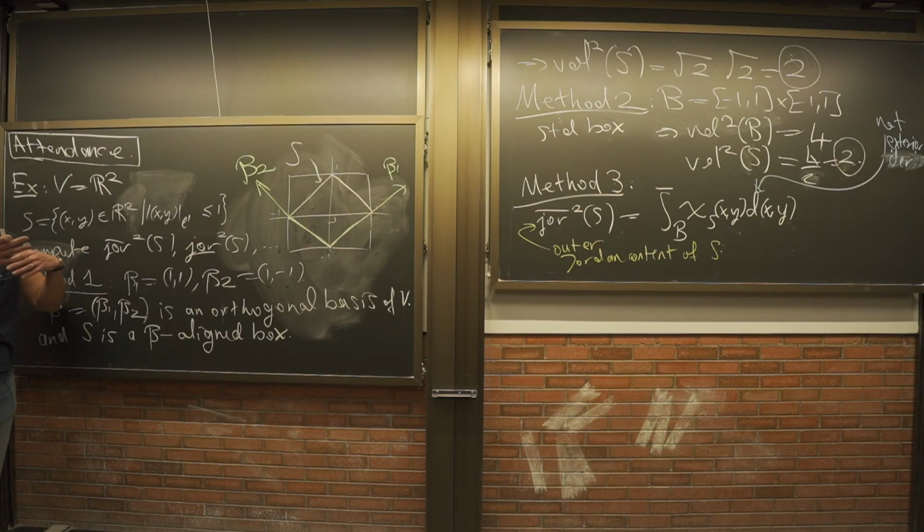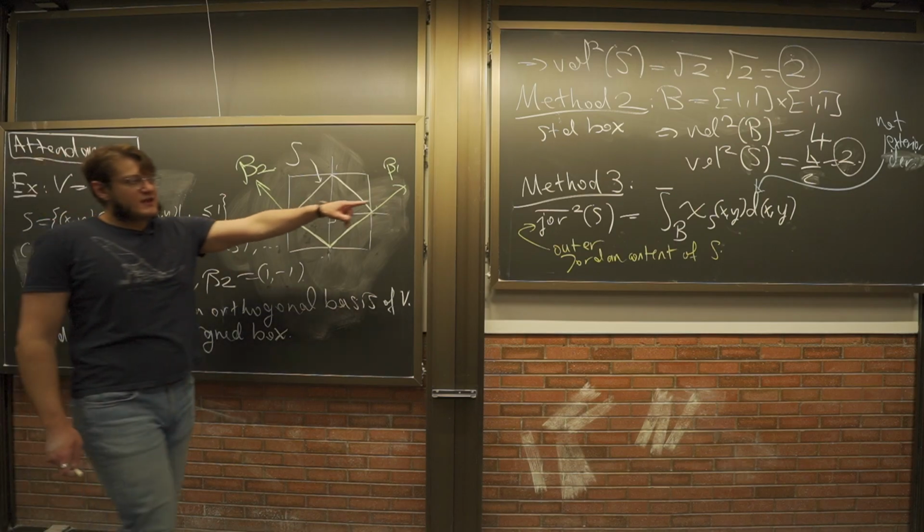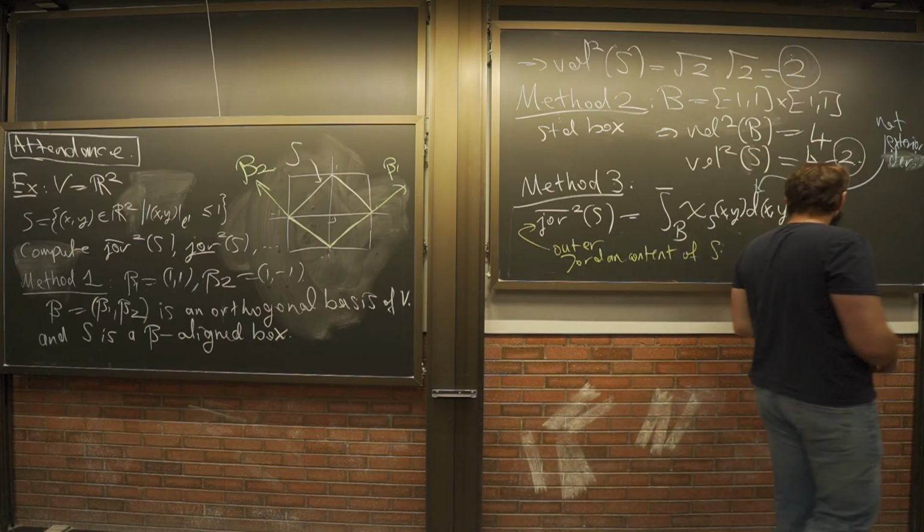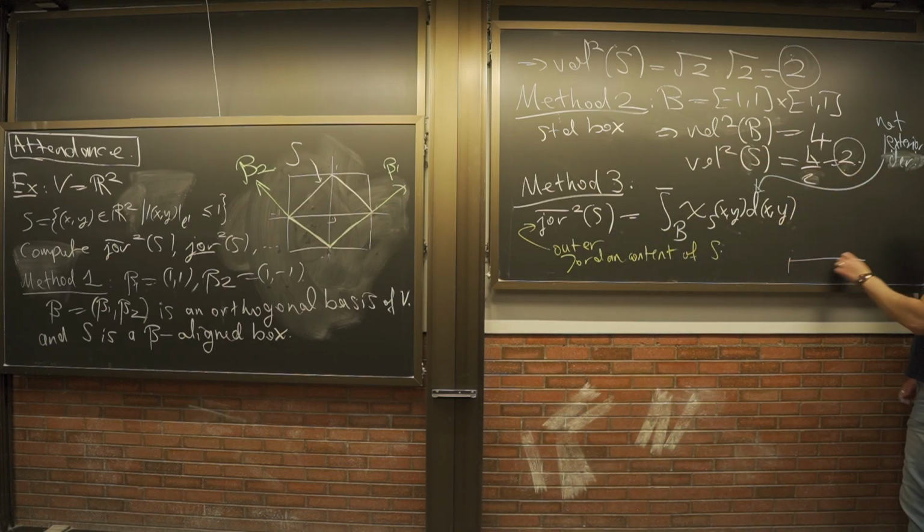And again, what is going to be the difference? Ultimately, the difference is that this integral is an unsigned integral. In one dimension, sometimes it matters if you integrate from here to there or from there to here, and you write it like this. This would be a signed integral. I'm not using a signed integral here.